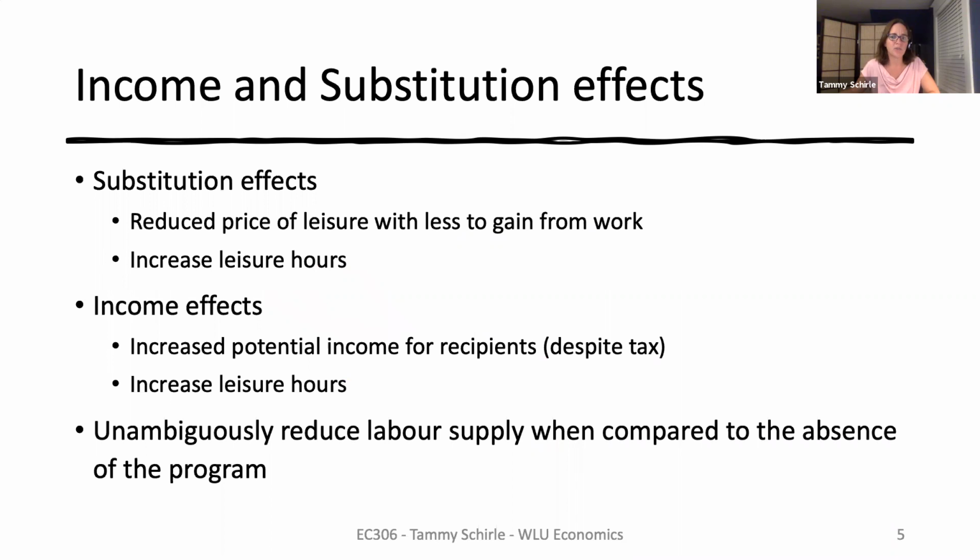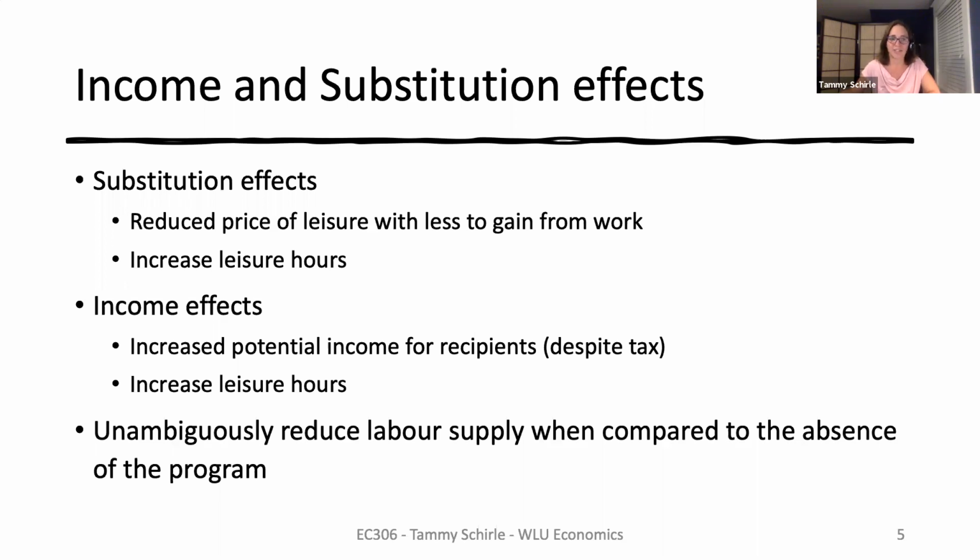An important thing to notice here is that we have both income and substitution effects moving in the same direction. The substitution effects work to reduce the price of leisure so that there's less to gain from any additional work. That, in turn, would increase leisure hours. The income effects offer people these benefits and increase their potential income.